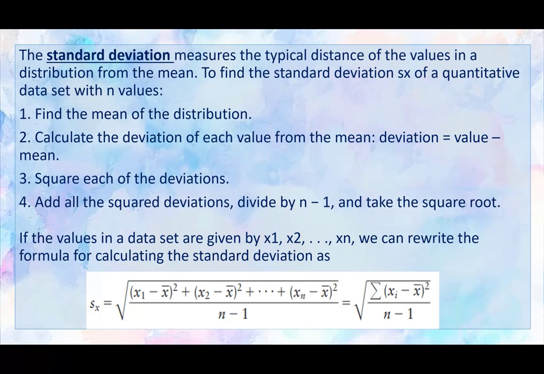And to find the standard deviation, which we can call S sub x, of a quantitative data set, by the way, S sub x is used when you have a sample standard deviation. You might also see SD as a way to represent standard deviation, or you might see a lowercase sigma.